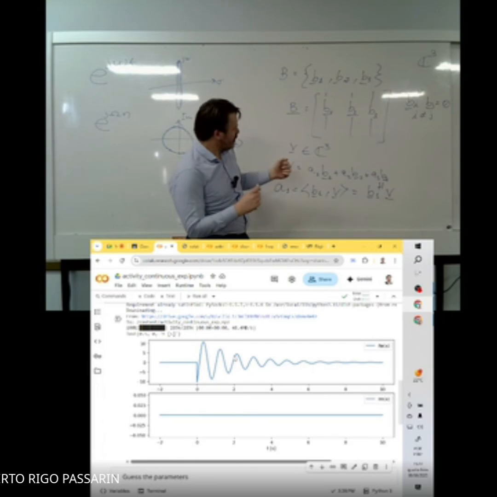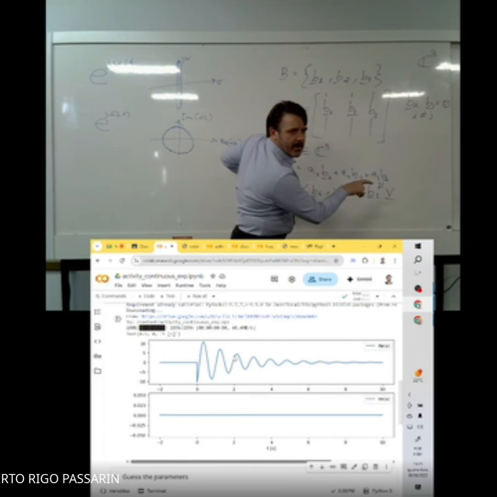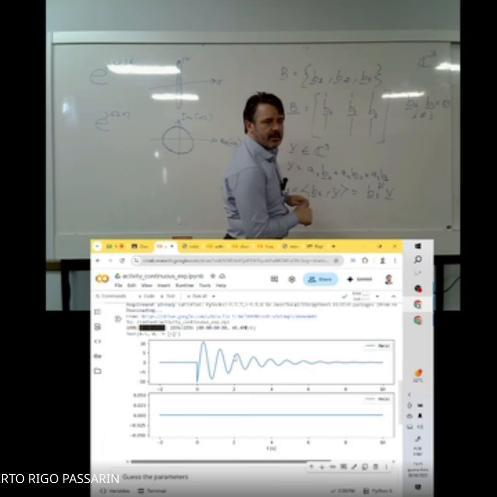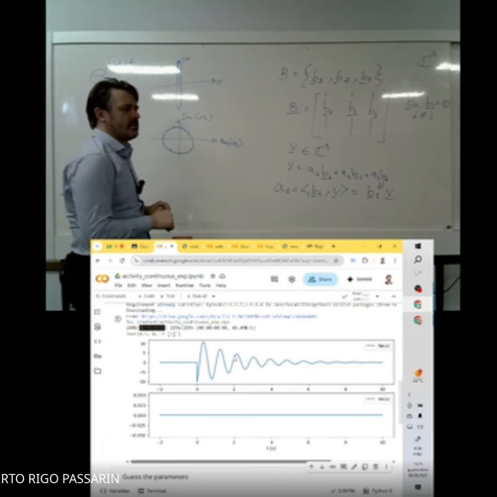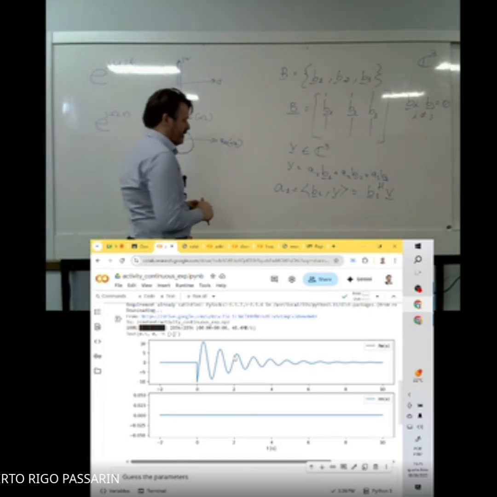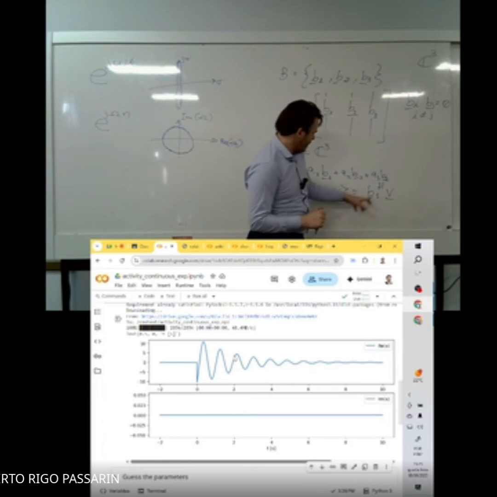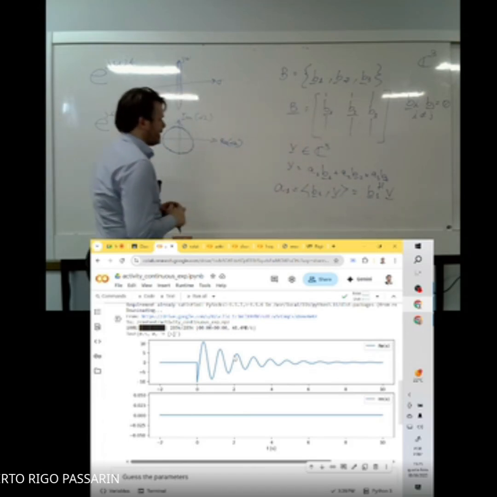If they're not normal, I still have to divide by something here, right? By the length, how do I call it in English? The norm of the vector. The length, the norm or norm squared. I have to check it.